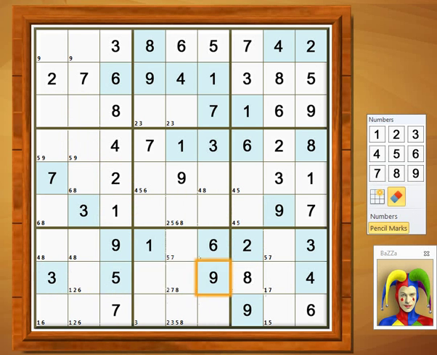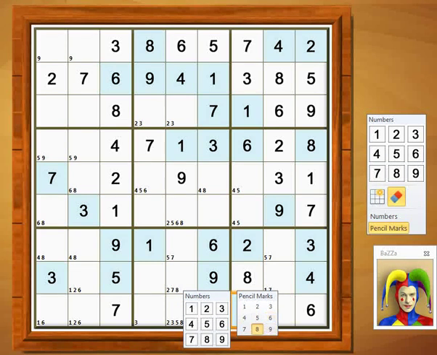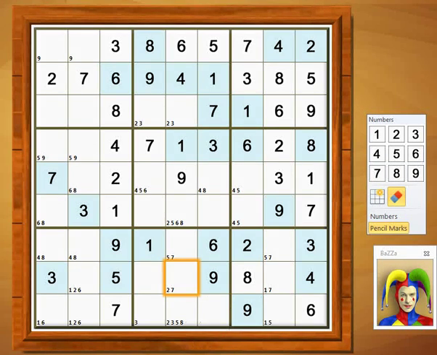And again, in this column here, in this row, we have just one number missing. Now the numbers we have, we've got 1, 2, 6, 7, 8. But we've already got the 8 there, so we need to take this 8 out. 1, 2, 6, 7. There's already a 1 there.